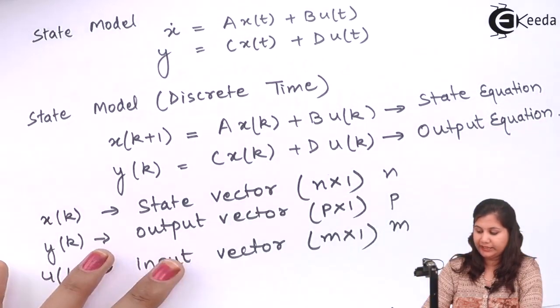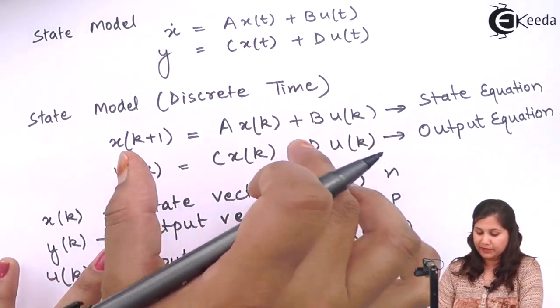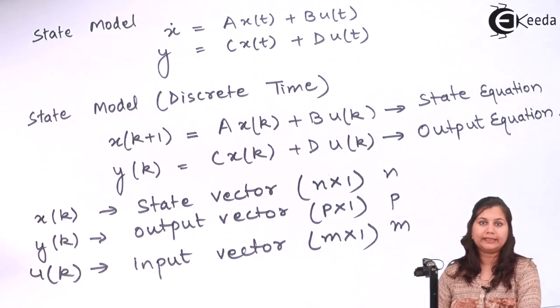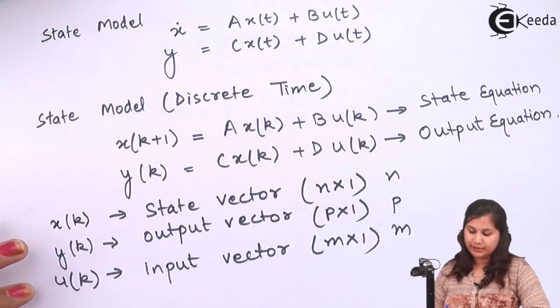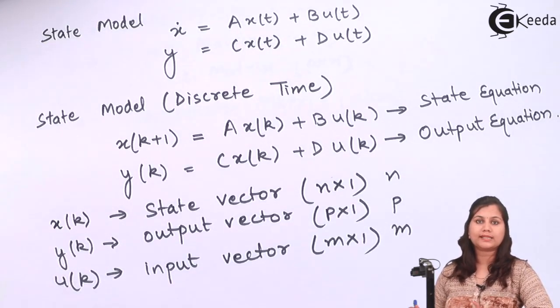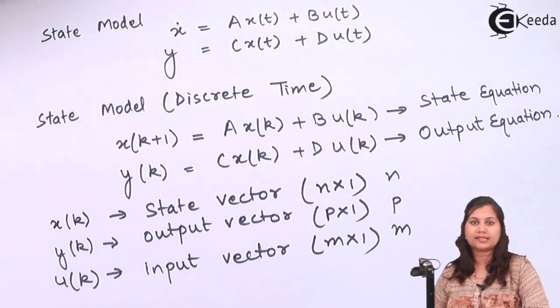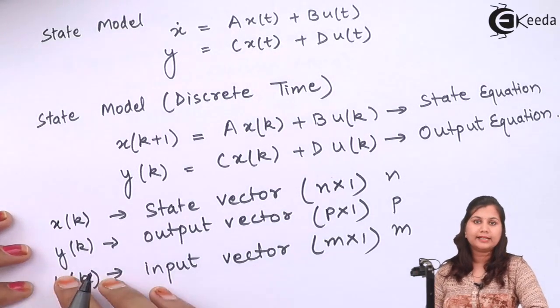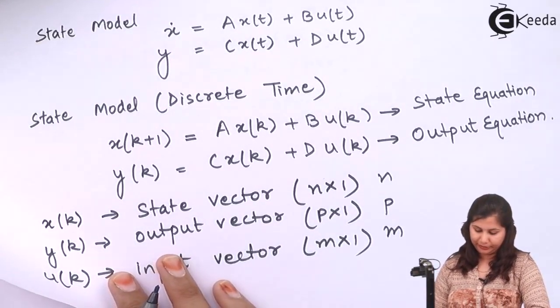So whenever you are dealing with a system which is given in discrete time, its state space model can be calculated in this way. Now let's take an example of a system which is given to us in discrete time, whose transfer function is given, and see how we can calculate its state space model in the discrete time domain.